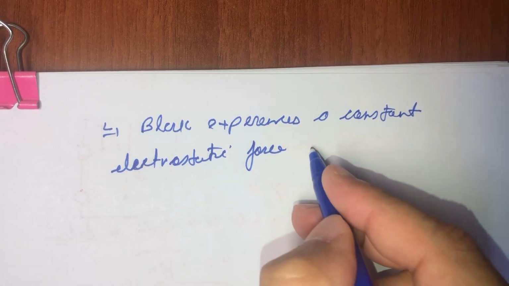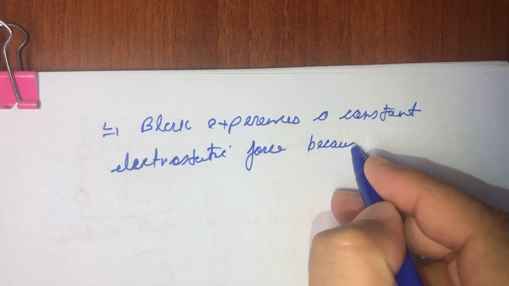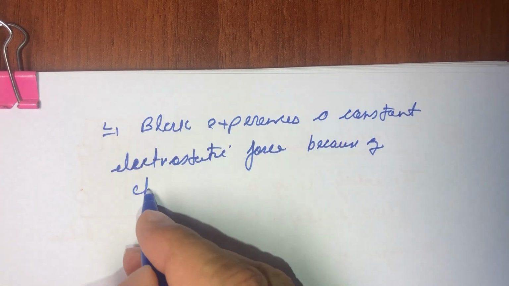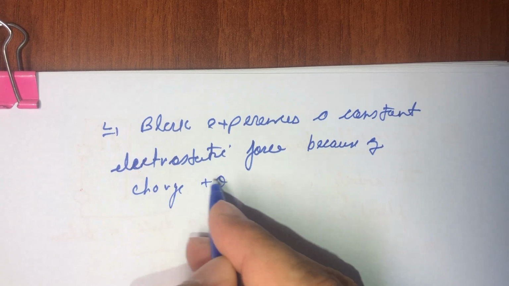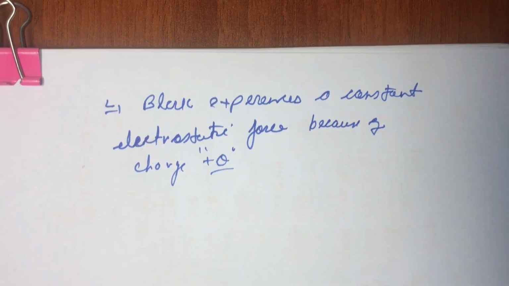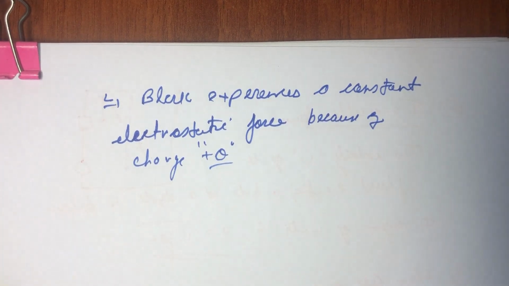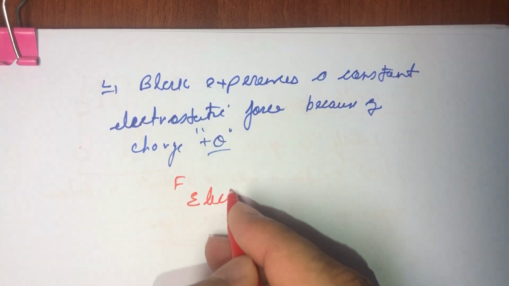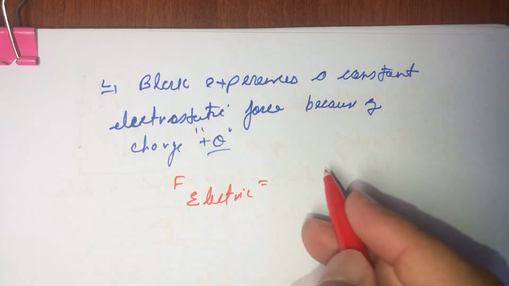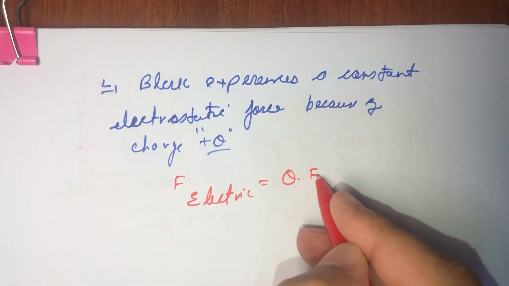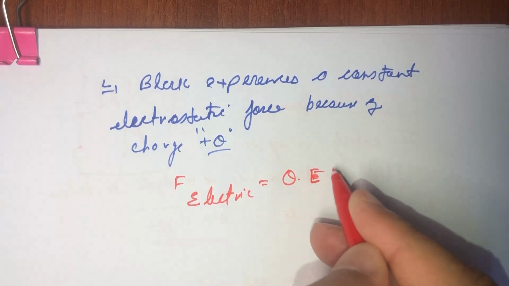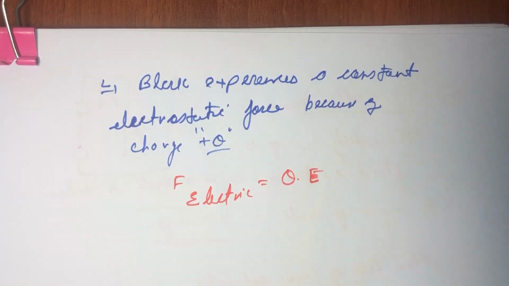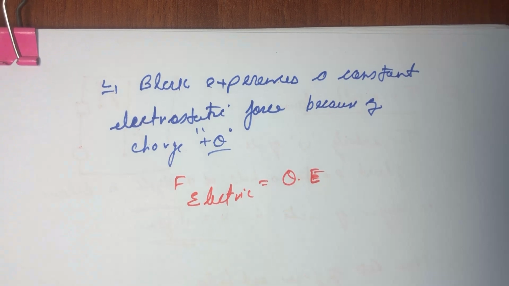Because of charge plus q, we can write that the force due to the electric field, let us call it force electric, will be equal to q multiplied by the applied electric field E, where q is the charge. And it is said that the force is constant.